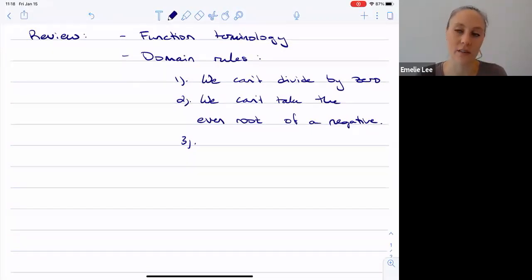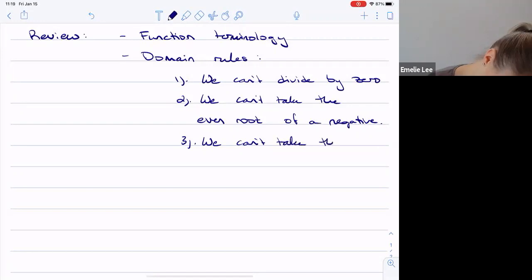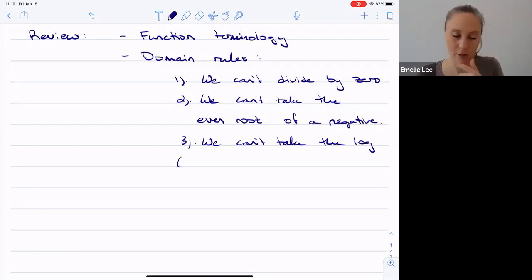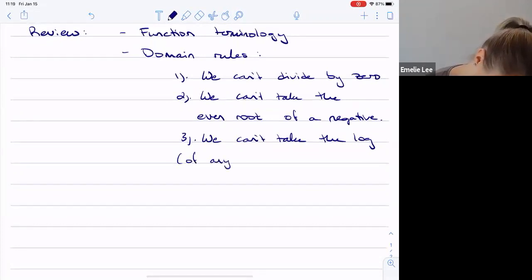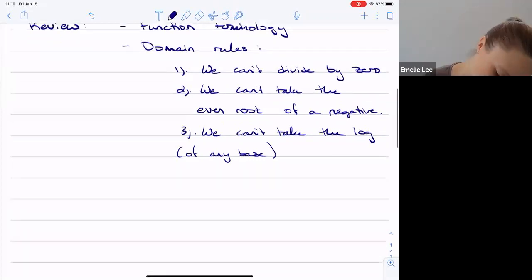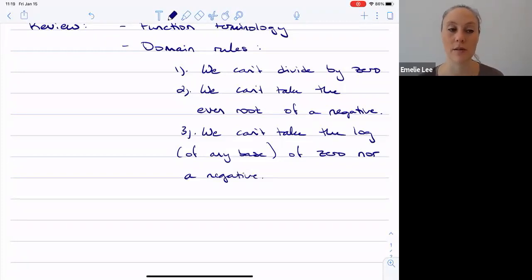So we can't take the log of 0 or a negative. And here, because I can't remember who asked the question, but it is a really good thing to clarify, of any base. So we can't take the log of any base of 0 nor a negative.